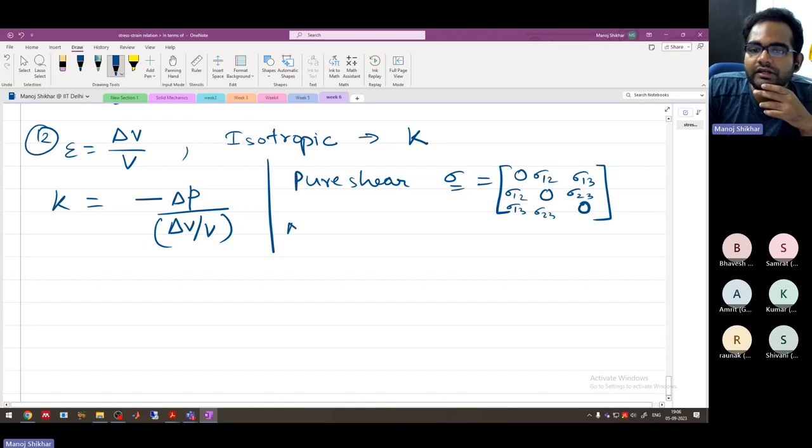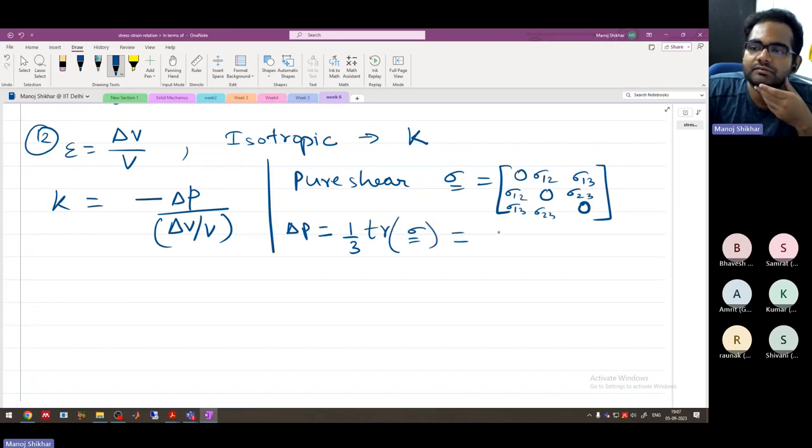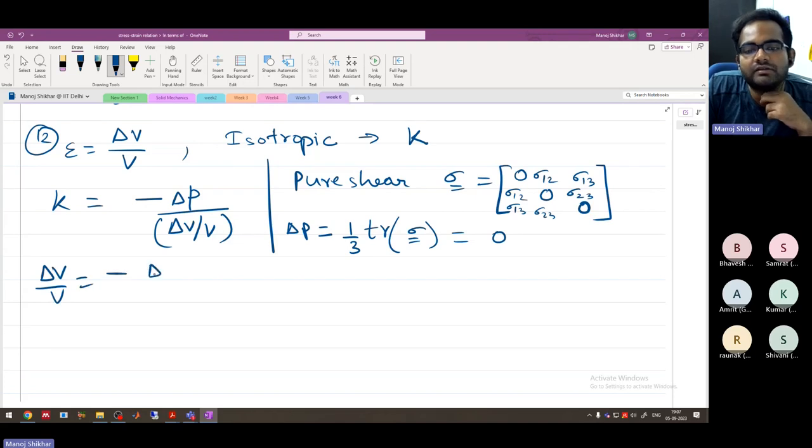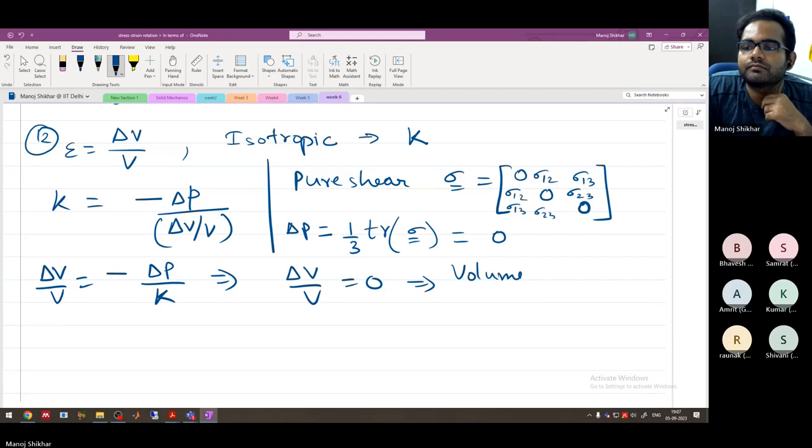Now, what is the value of delta P? If you remember from the class, it will be 1 by 3 into trace of sigma. So what is trace of sigma? 0. So here delta P is 0. So we can write delta V by V as minus delta P by K, and thus delta V by V will be 0, which implies that volumetric strain is 0.